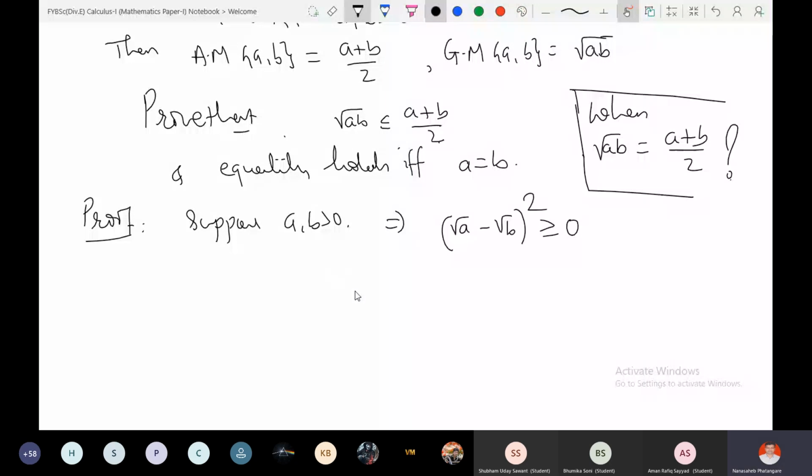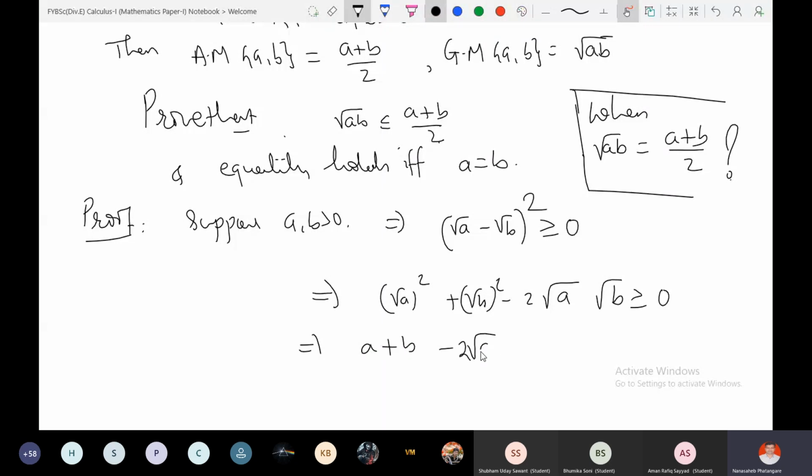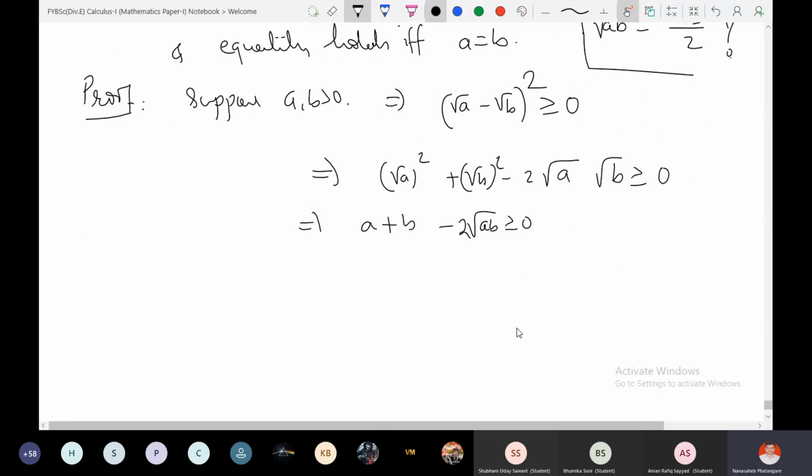Fine. Now expand this bracket. If I expand the bracket, what do I get? Square root of A squared plus square root of B squared minus 2 times square root of A into square root of B, which is greater than or equal to 0. Hence, A plus B minus 2 root AB is greater than or equal to 0, right?